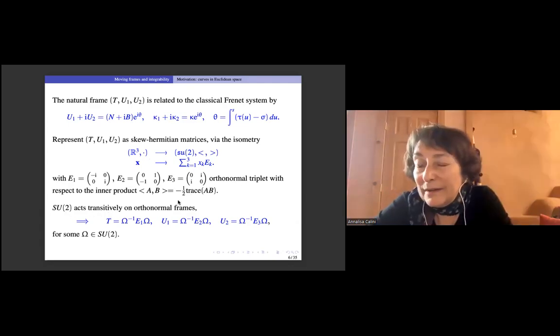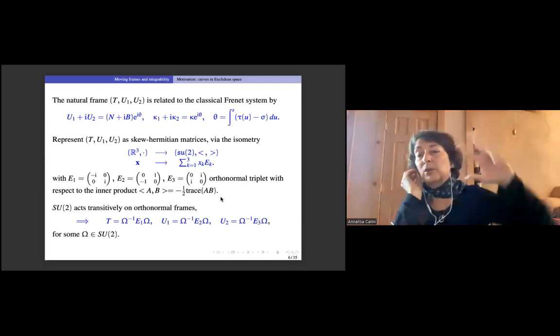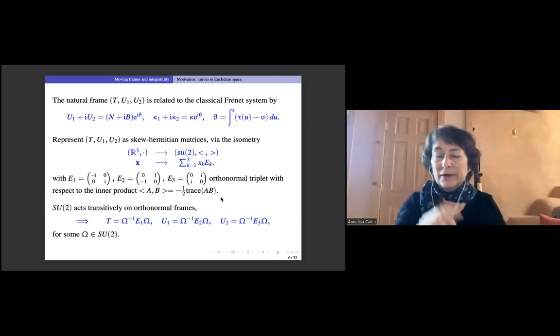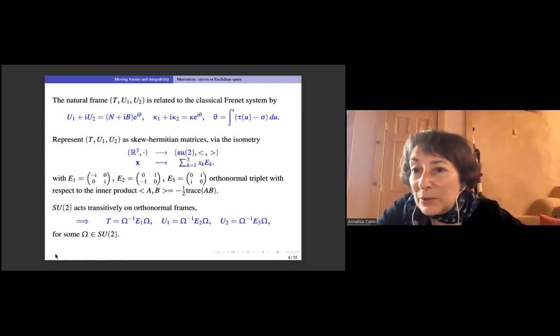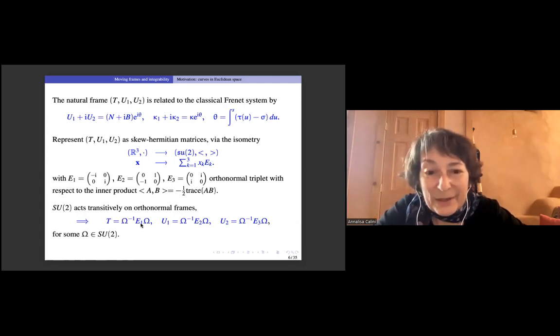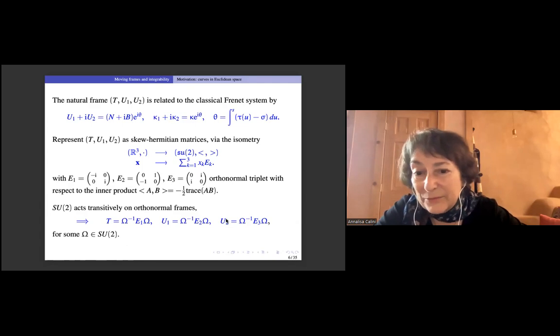Now, because SU2 has a transitive action on orthonormal frames, or equivalently, think of the following. Every orthonormal frame can be rotated to a standard frame. Then there will exist an element of the group that conjugates my basis frame to the natural frame.